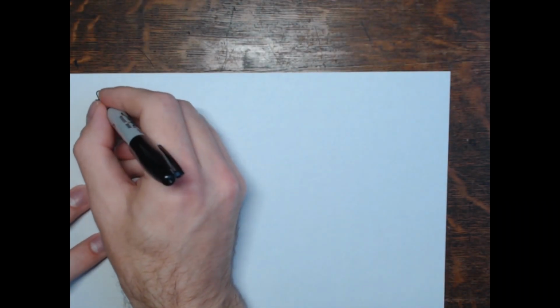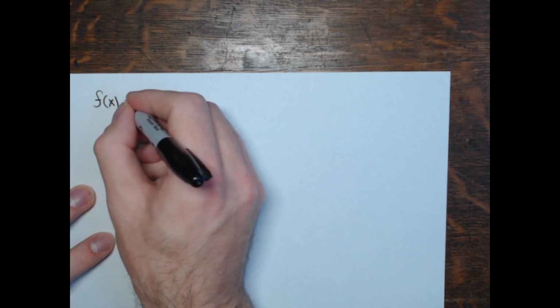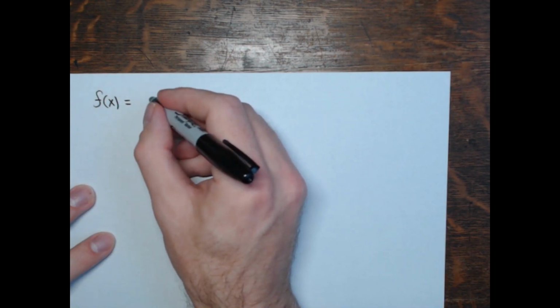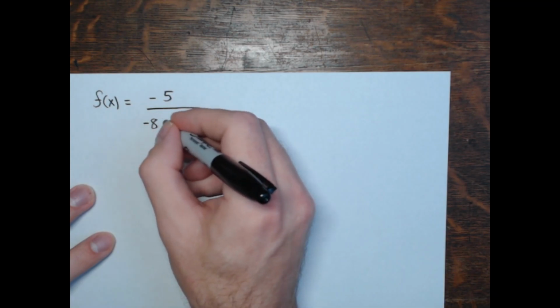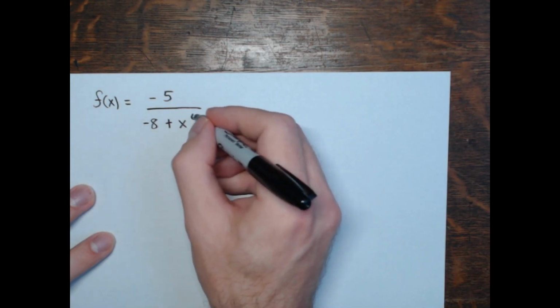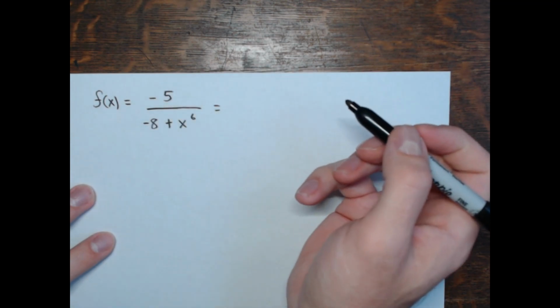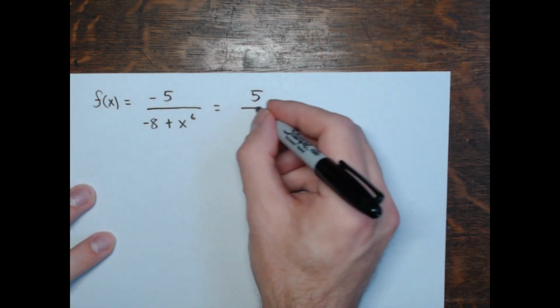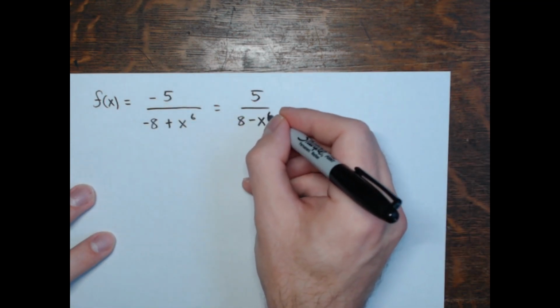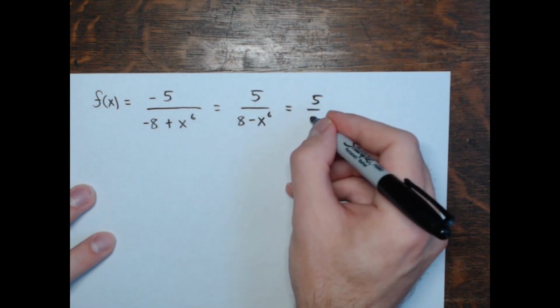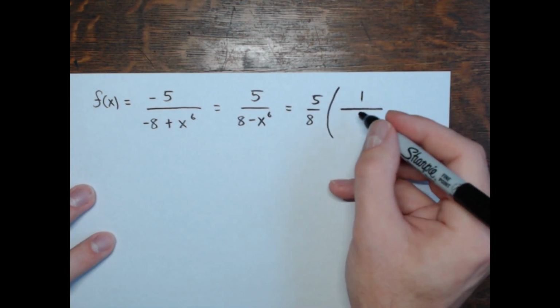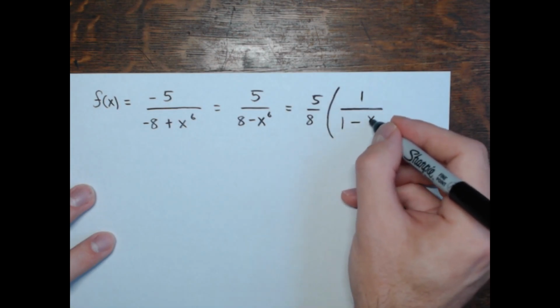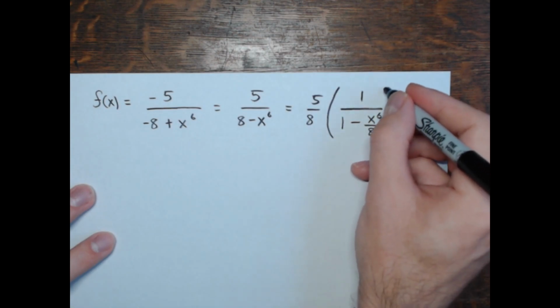So here's f. Again, the -5 over -8 plus x to the 6, which if you multiply the top and bottom by -1, is 5 over 8 minus x to the 6, and then I'll pull out 5/8. This will be 5/8 times 1 over 1 minus x to the 6th over 8.